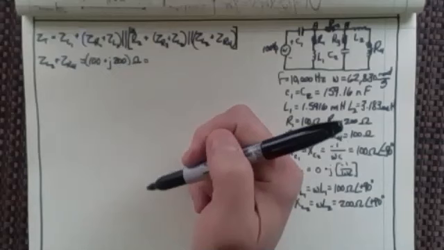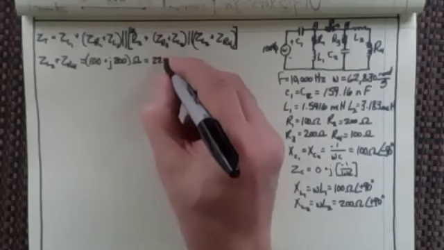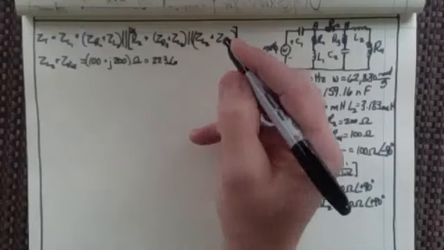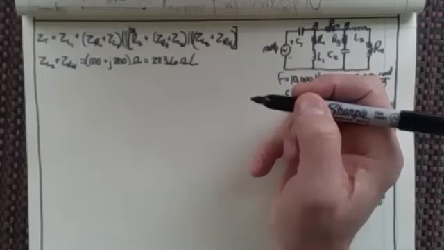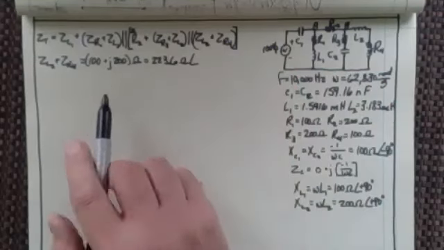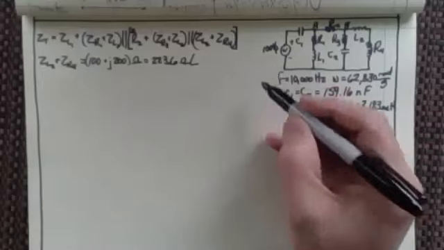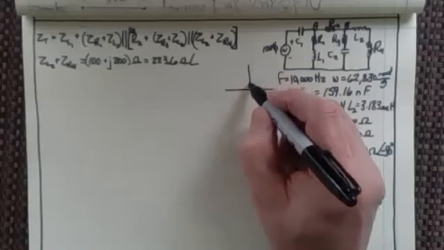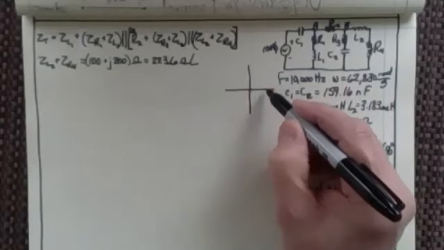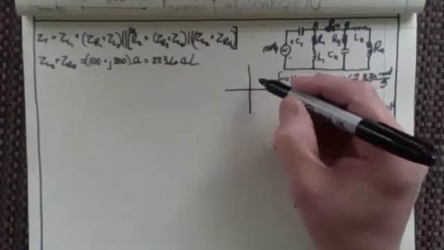So it's the square root of 50,000. And the square root of 50,000 is 223.6 ohms. And then what is my angle? Well, the angle would be the 200 over the 100. Let's just draw the complex plane here for a second, right? So 200 and over 100.